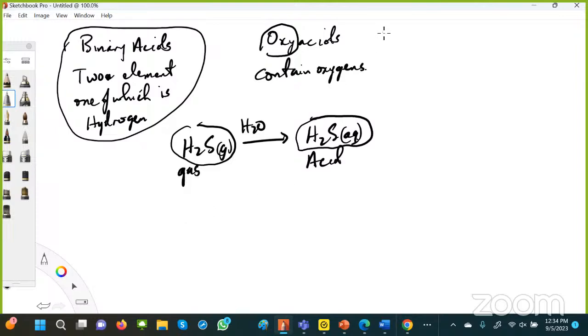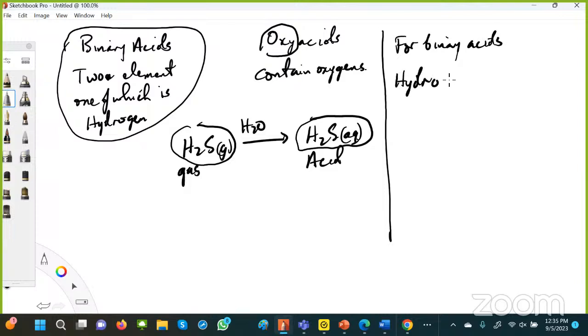So how do we name the binary acids? For binary acids, the name always starts off with hydro, followed by the stem of the name of the other element, and then it ends with ic acid. So hydro, the stem of the name of the other element, and then ic acid.